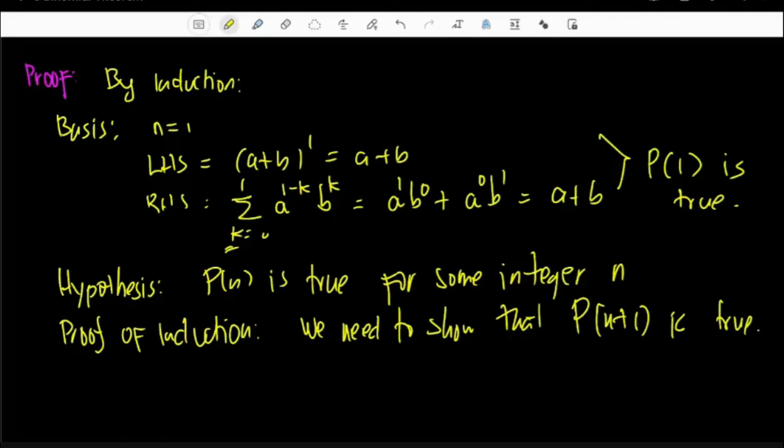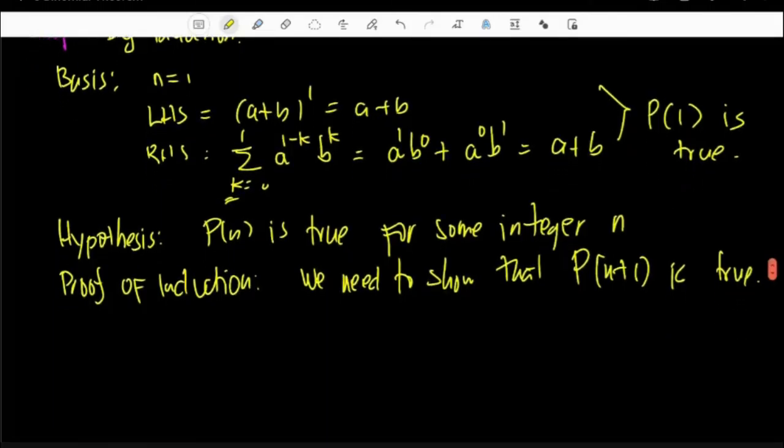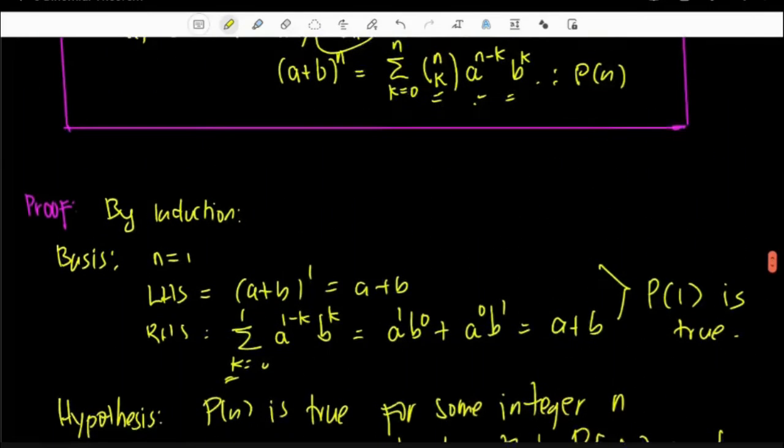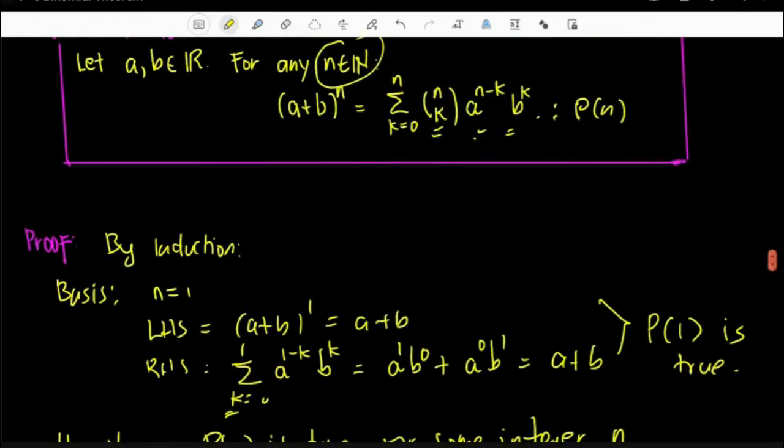So we want to show that if P of n is true, then P of n plus 1 is also true. Right? So, what's P of n plus 1? Ibig sabihin, yung formula na to, palitan mo lang ng n plus 1 yung lahat ng n.